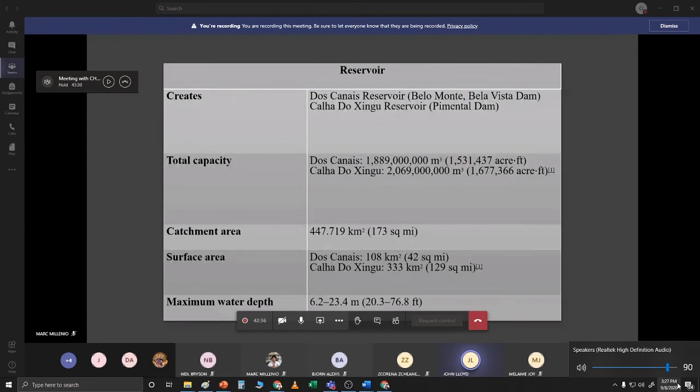It has a catchment area of 447.719 square kilometer, and the surface area of the reservoir, Dos Canais has 108 square kilometer and the Calha has 333 square kilometer. The maximum depth of water is 23.4 meters. Next.